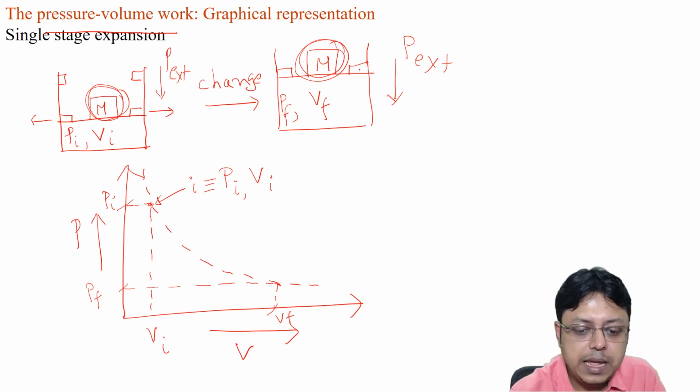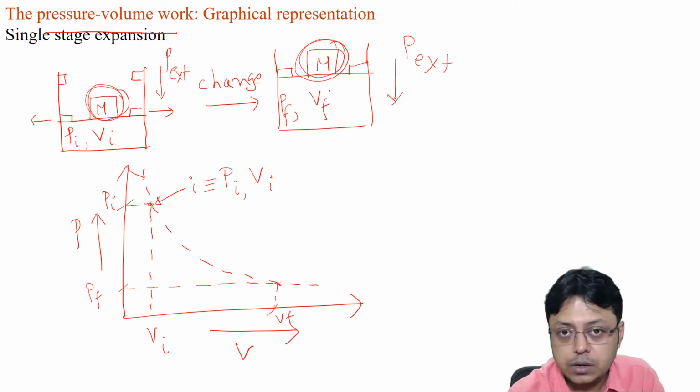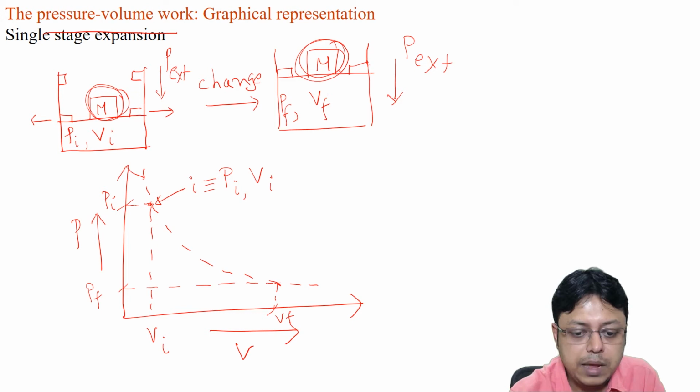Now this P external which was exerted on the system may be equal to the pressure of the system itself, which is Pf. In that case we do not need these pins because the pressure inside and pressure outside will be just equal, so the piston will be nicely balanced. But the way we have drawn it is that we have kept the pins, meaning that this Pf is still slightly higher than the P external.